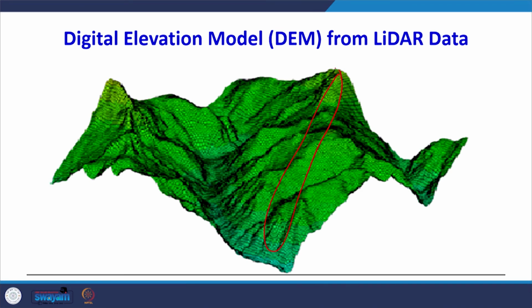Here you can feel the peaks, and you see the valley area here also. You can visualize the ups and downs in the area, and you can now design or commission your project in the 3D environment using the capabilities of the digital elevation model.